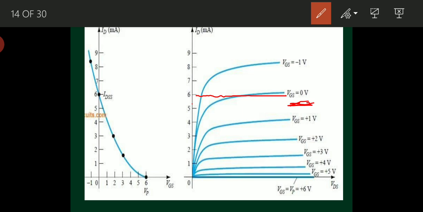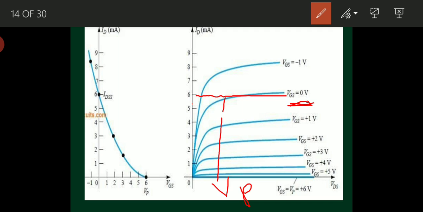In this example, it is 6 volts. So what is pinch off voltage VP? The voltage of VDS at which current becomes constant is called pinch off voltage VP.